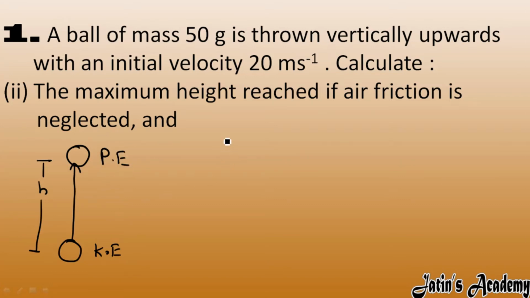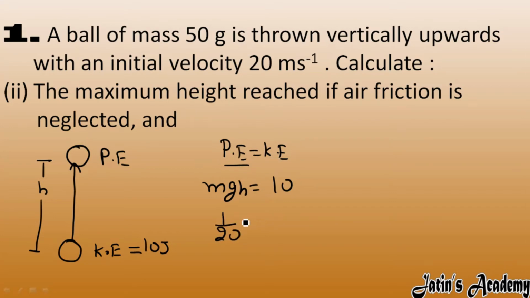So potential energy and kinetic energy are equal. Potential energy formula is mgh, and kinetic energy we have already calculated as 10 joule. Mass is 1 by 20 kilogram, g value is 10, and h we have to calculate. So from here h value we got as 20 meter.